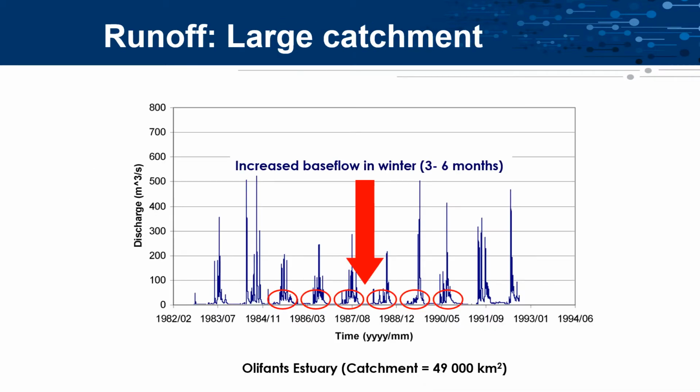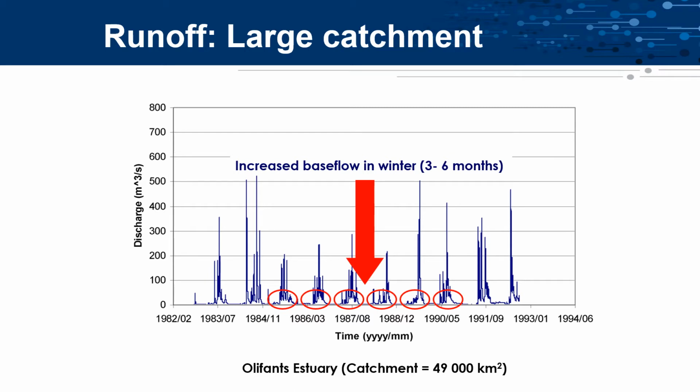Understanding a little bit about what it means, for argument's sake here I'm going to be comparing a large catchment and a small catchment. In a large catchment, my example here is the Olifants catchment, a very large system, nearly 50,000 square kilometers.